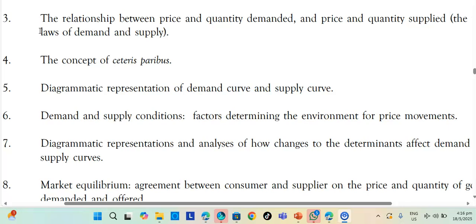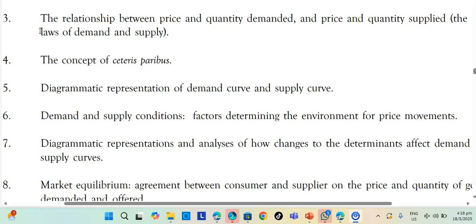Now, look at the shape of the supply curve. The supply curve usually slopes upward from left to right. Are you seeing that, guys, on your diagram? The supply curve slopes upward from left to right. This shows that as price increases, quantity supplied increases, and that's the law of supply.